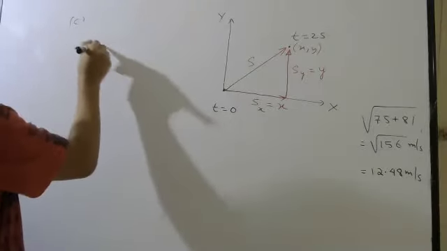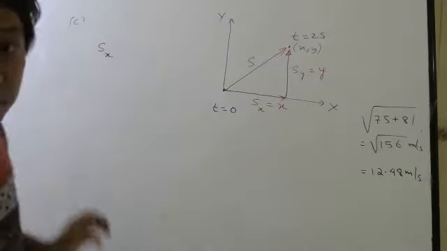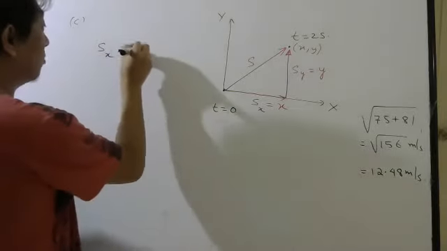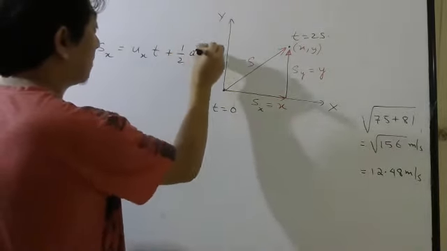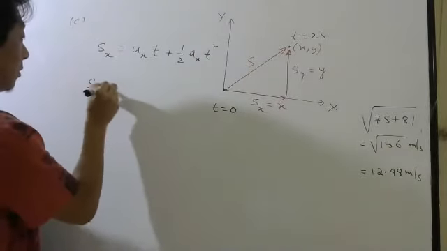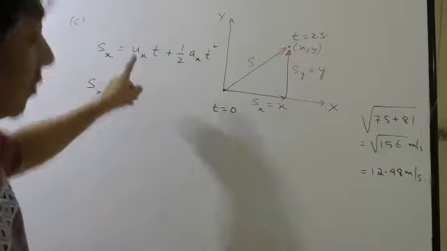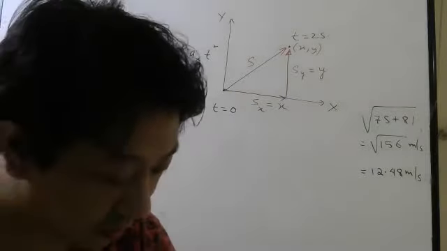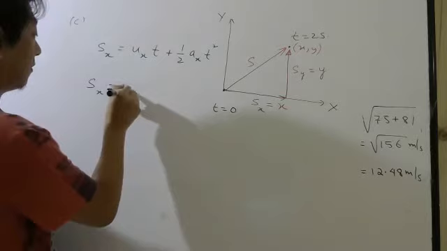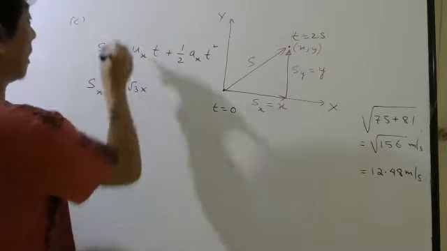Part C. Let us calculate the x component of displacement. The formula is uxt plus half ax t squared. The x component of velocity was 5 root 3, after 2 seconds.